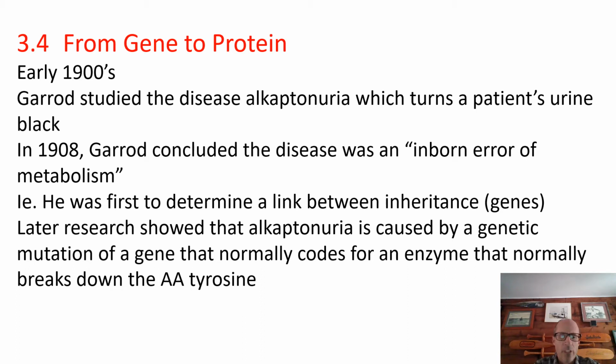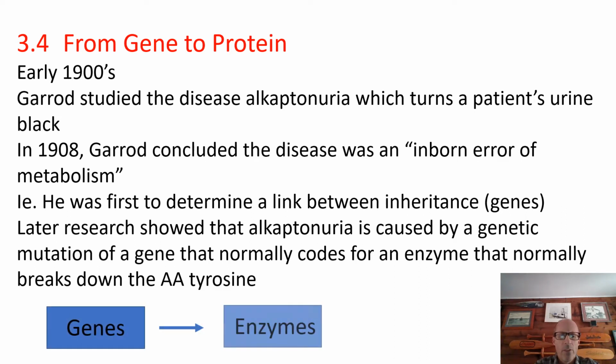Later, research actually confirmed that this disease is caused by a genetic mutation in a gene that normally codes for an enzyme that breaks down the amino acid tyrosine. So Garrod's research in the early 1900s later became proven that there are genes that code for proteins. So the whole concept of genes causing different traits became a reality.